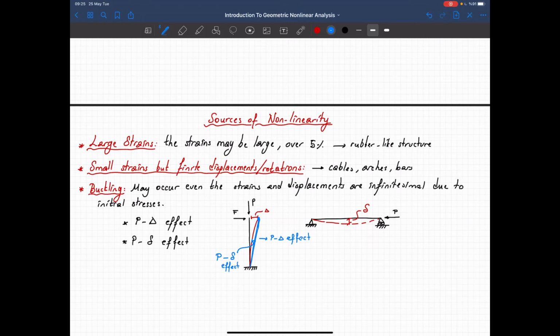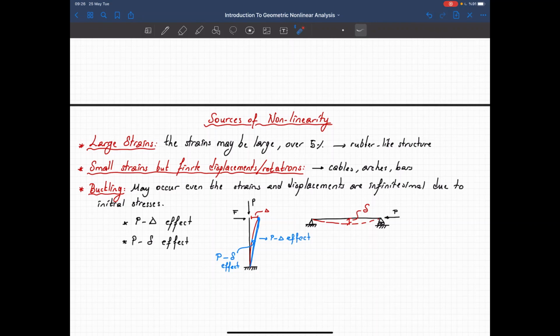When you combine them, you will have a geometric nonlinear analysis, but some softwares do consider only the P large delta effect in the geometric nonlinear analysis. In other words, they just assume a linear deformation and just calculate the effect of nodal forces. These are of course approximate geometric nonlinear analyses, but they sometimes work very well if your displacements and strains are very small.